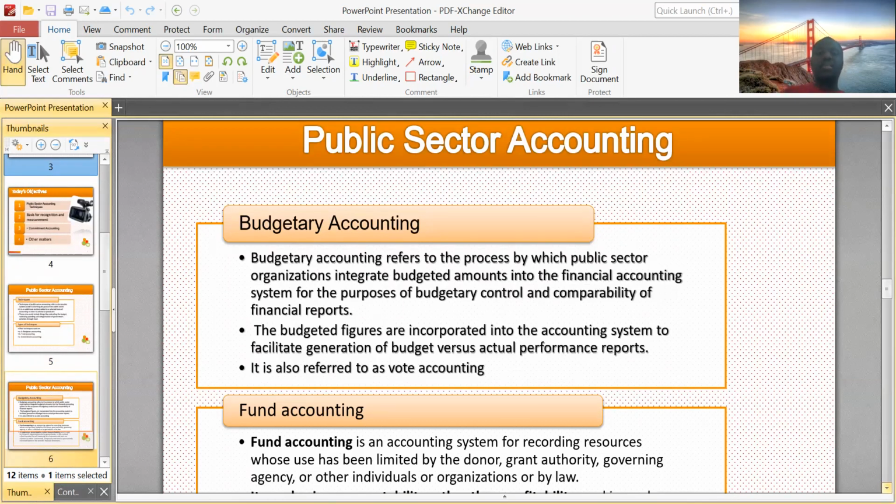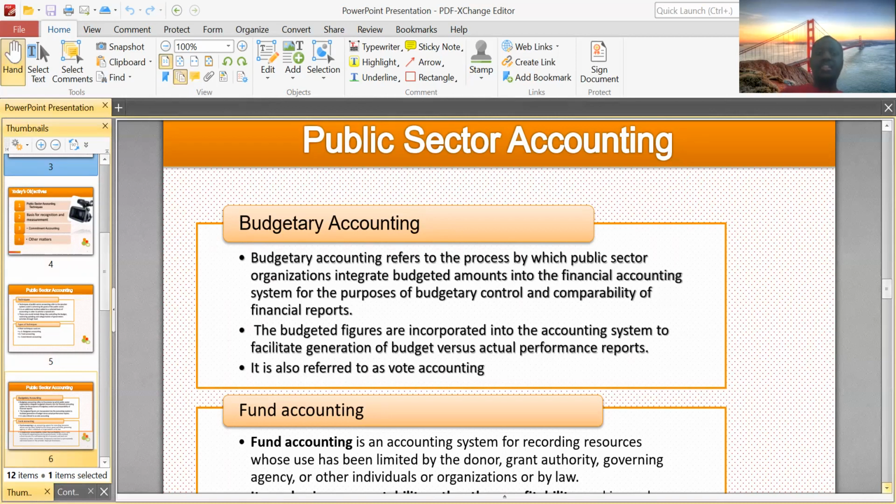Very, very important. So in budgetary accounting, there's this philosophy where public sector organizations believe that it's important to control spending. And so they include budgetary amounts in the financial system so that they can easily compare and control budgetary spend. So that's basically it.